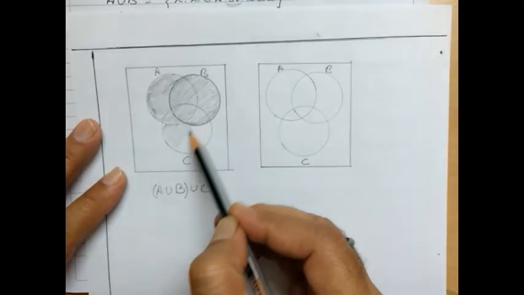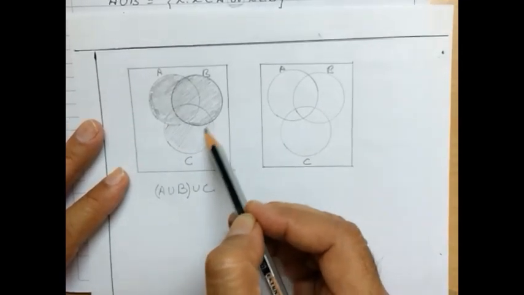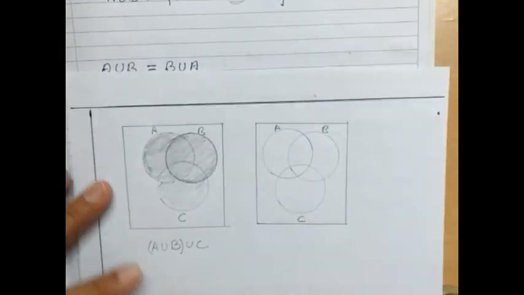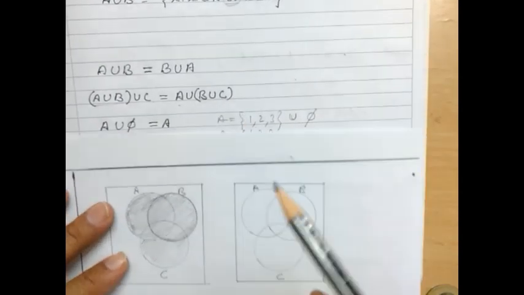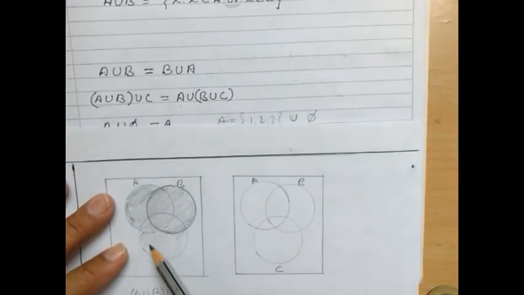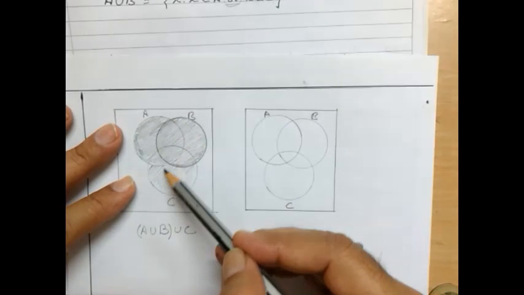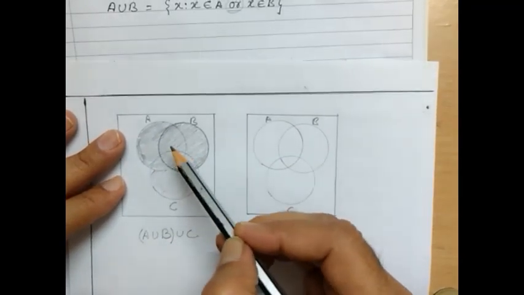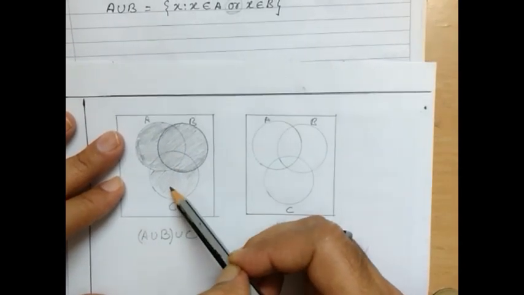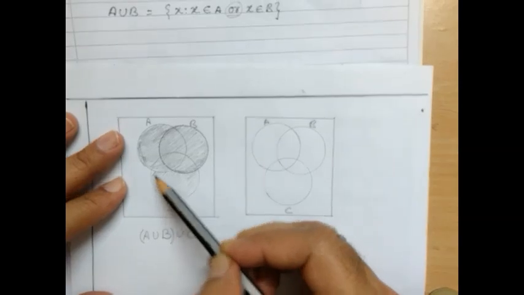So this will be shaded, and if we talk about the other part, that is A union B union C, if we shade this B union C part and then shade it, here we will get A union the union of B union C. So this will be the complete set. All three sets will be shaded.